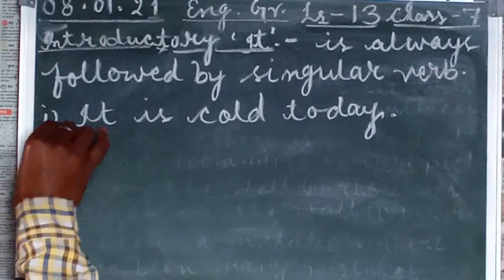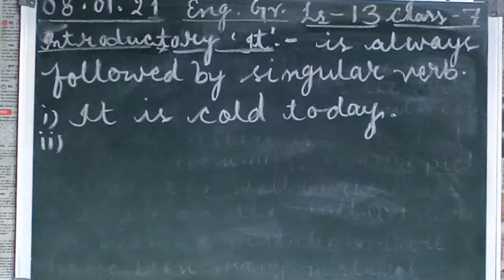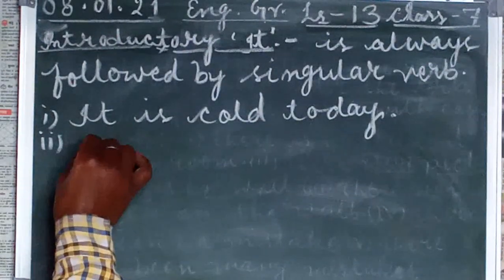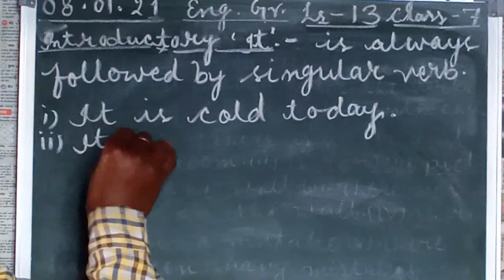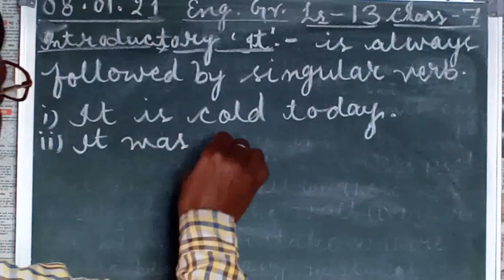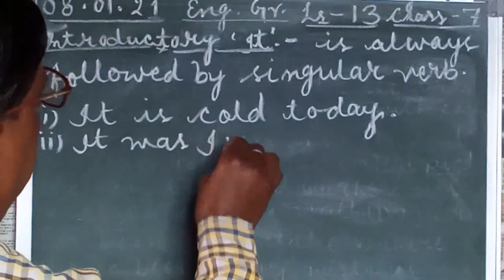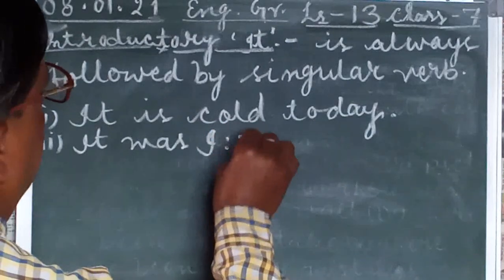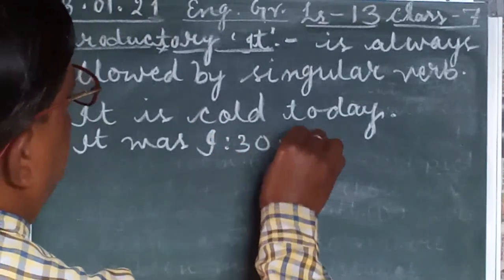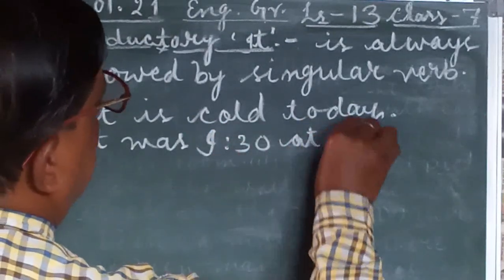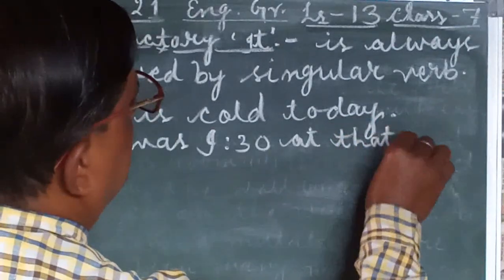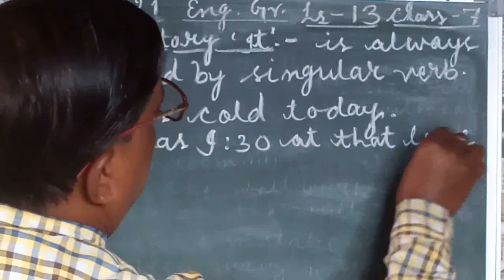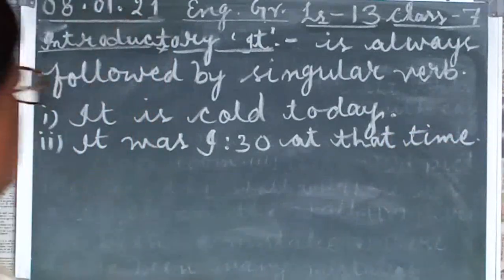Number two, we can write, children, it was 9:30 at that time. We write like this.